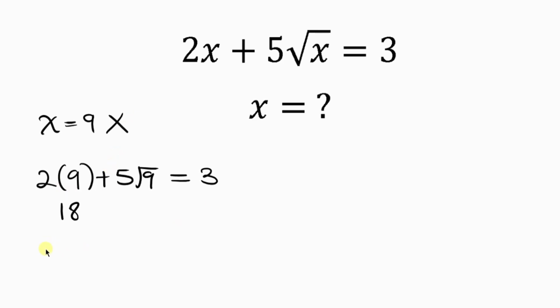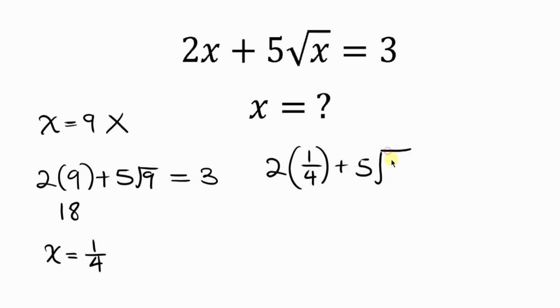Then when we try x equal to 1 over 4 and check that, you see that we have 2 times 1 over 4 plus 5 times the square root of 1 over 4. Would this be equal to 3? Notice that 2 here, 1, 2 here is 2. So I have 1 over 2 from here plus 5 times the square root of 1 over 4 is 1 over 2.